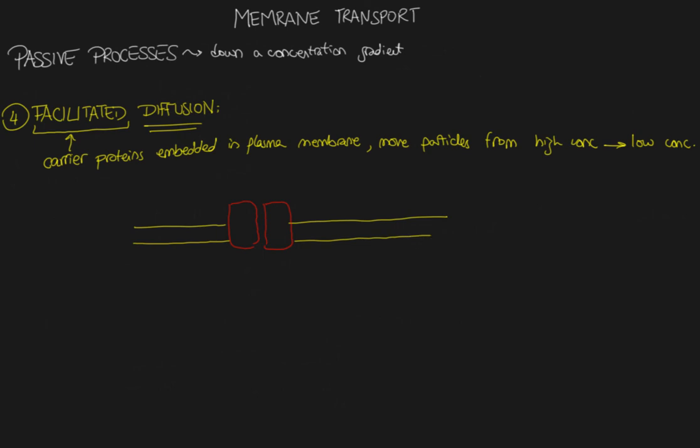So this carrier is going to assist with the movement of particles from their area of high concentration to an area of low concentration. So the channels will open, for example, allow the movement of particles from an area of high concentration to the area of low concentration. And so this is also an example of a passive process.